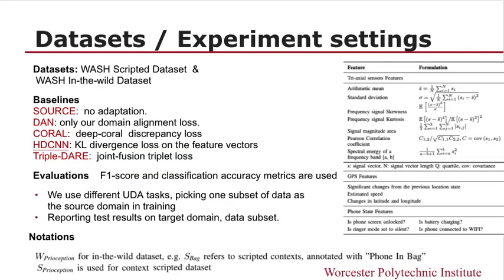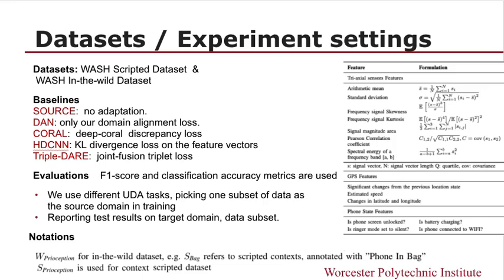Now we showcase our experimental results. We evaluated our work on our WASH coincident datasets, where the same context is collected in both scripted and in-the-wild settings. We used the notations W for in the wild and S for the scripted dataset.